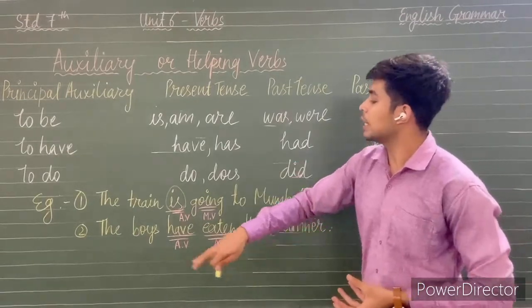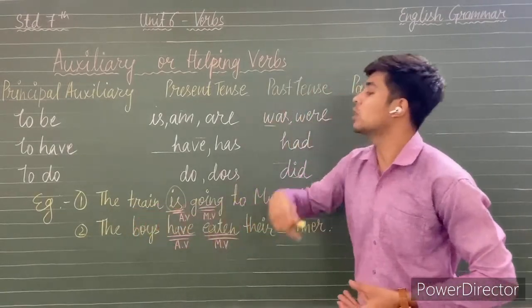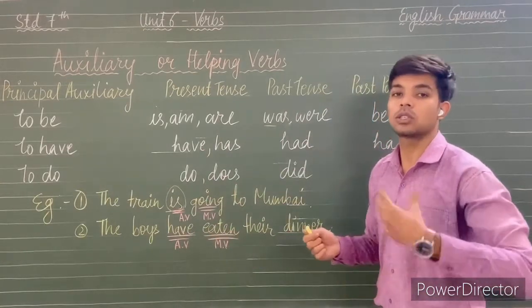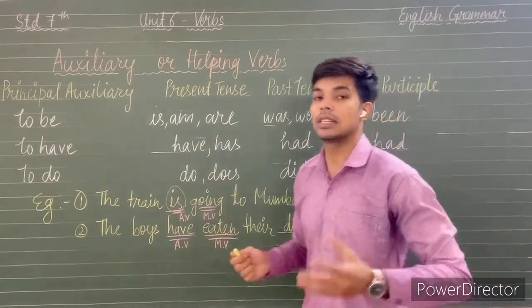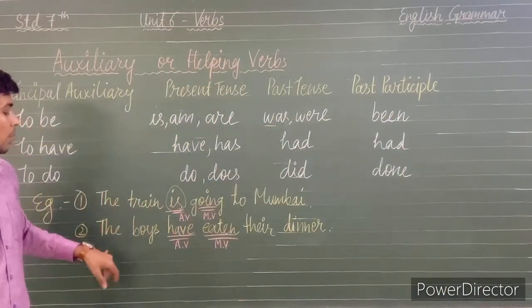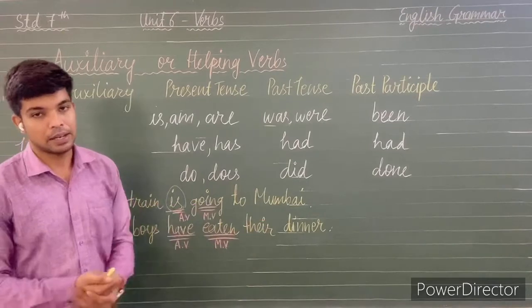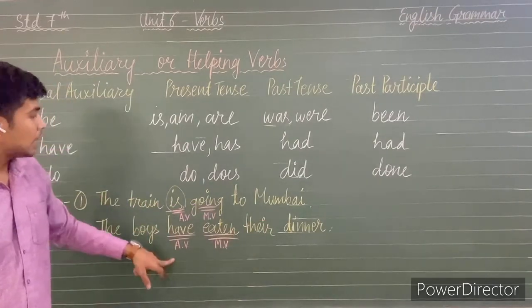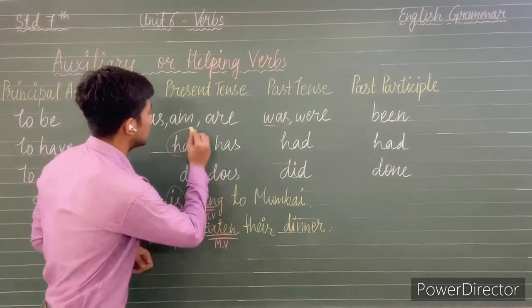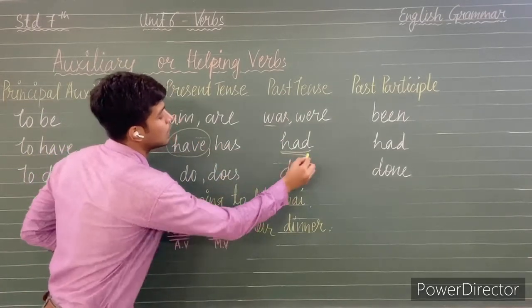So this sentence is again in the present tense, as was the train was also in the present tense. As we have converted the first example into the past tense, now we will convert the second example also into the past tense to understand it better. So the sentence is the boys have eaten their dinner. If we convert this sentence into the past tense, what will have become? It will become had.